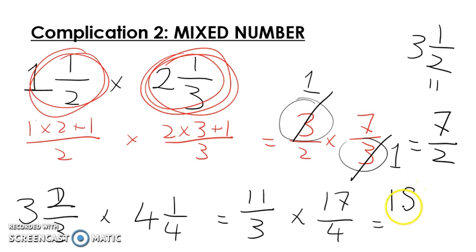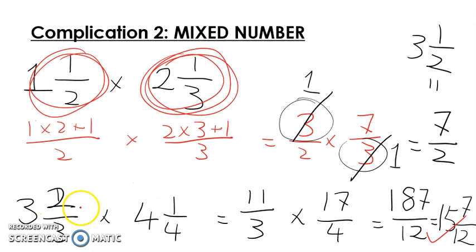It would equal to 187 over 12, and into a mixed number form, which would equal to, I'm digging a grave for myself, 15 and 7 12ths. Okay, probably don't question that, I might be wrong. Nah, joking, probably be right.